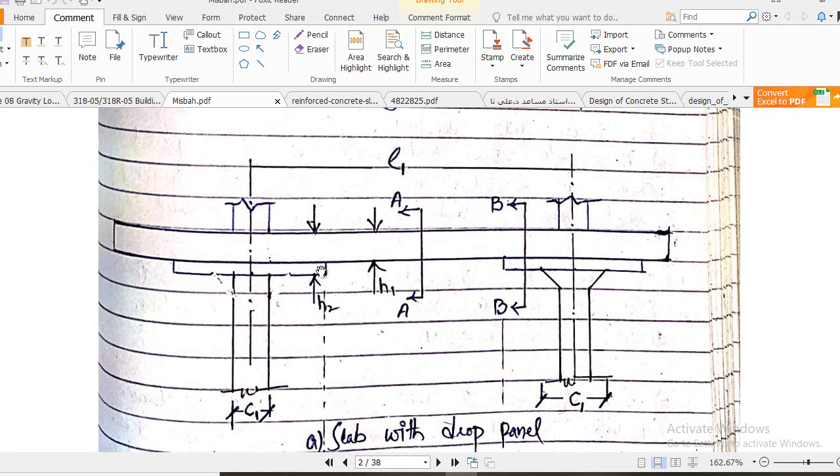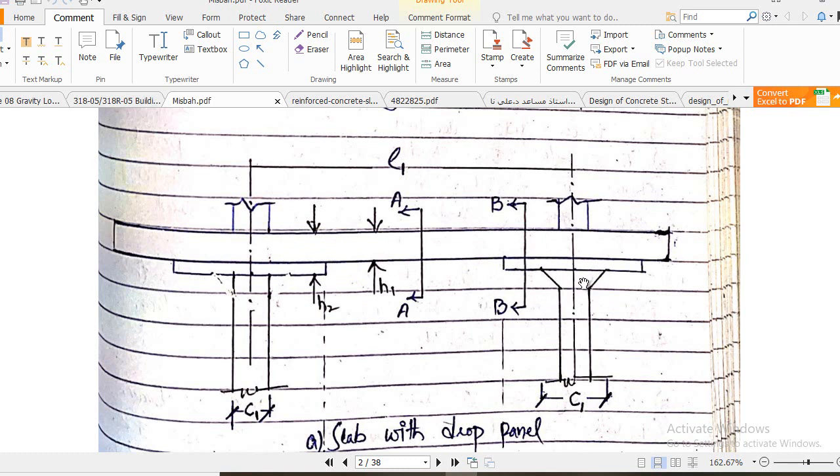Here the section is different. Due to this variation between these two columns, we are compelled to use a technique which covers these variations, and the equivalent frame method is a technique which covers these variations.